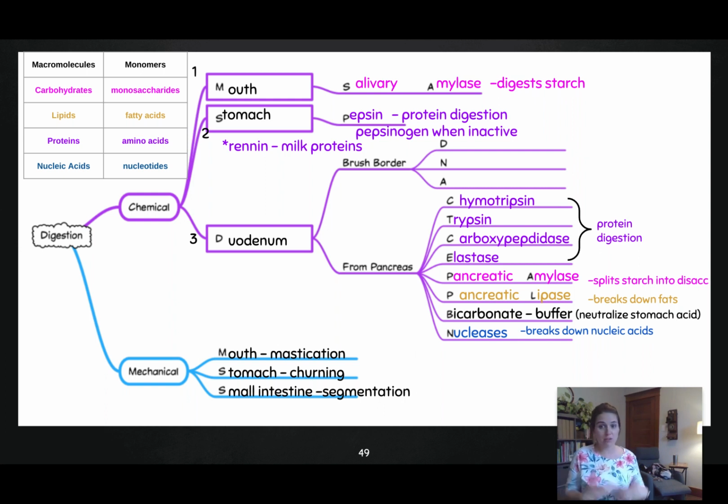Whenever you're eating something that used to be alive, spinach or steak or chicken or whatever, there's DNA in those cells. And so nucleases break down the nucleic acids into the nucleotide bases. And then our body can do DNA replication or transcription and translation with any of those free-floating nucleotides.